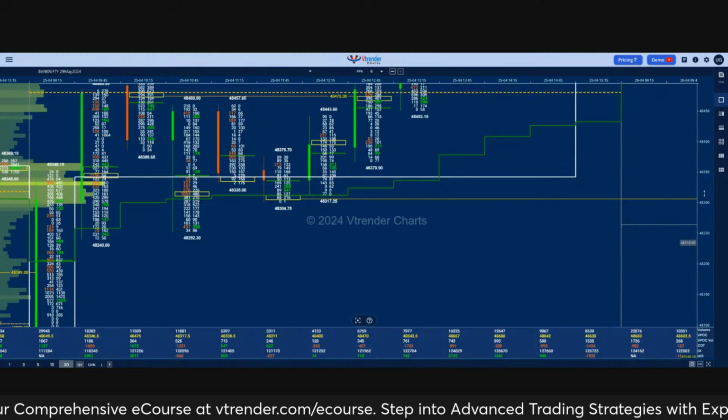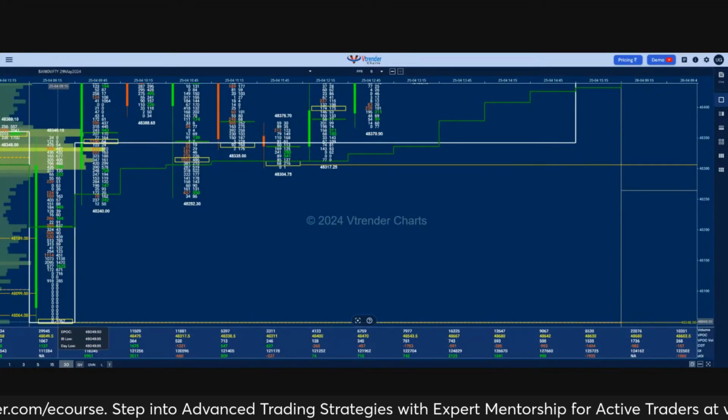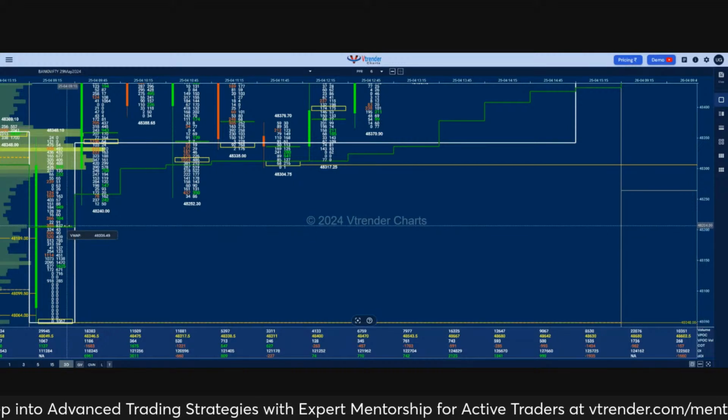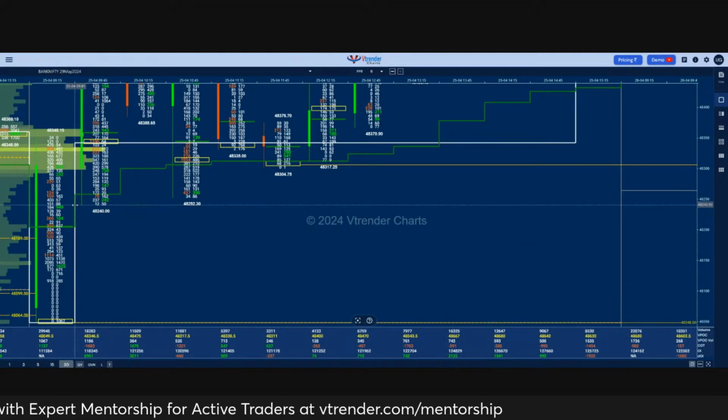So in this, you can see 1,000 contracts right at the lows of 48,048, and then we have this VWAP at 48,205, and then we have left this buying tail at 48,240. So we had seen good demand coming in.